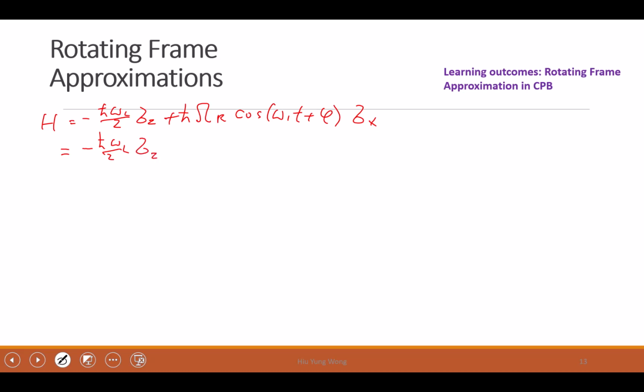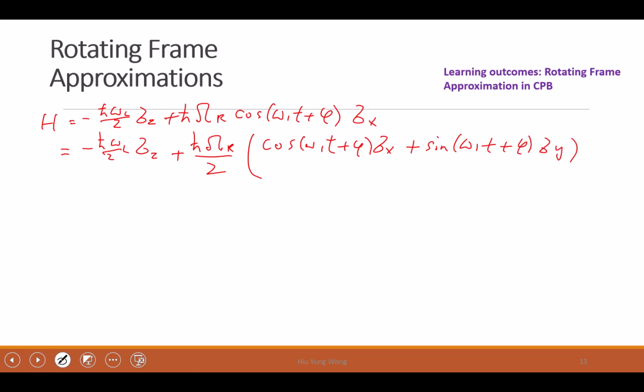The first term is okay, I don't change it. The second term, I'm going to do this: omega R divided by 2, cosine omega 1t plus phi sigma x, plus sine omega 1t plus phi sigma y.